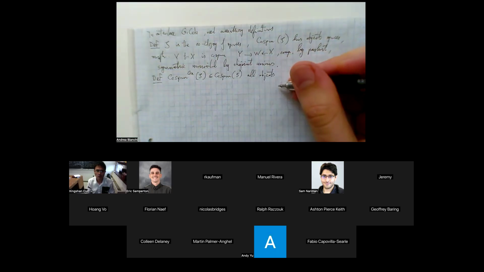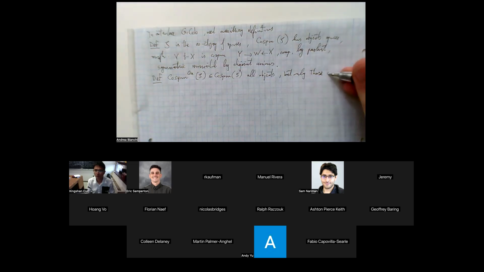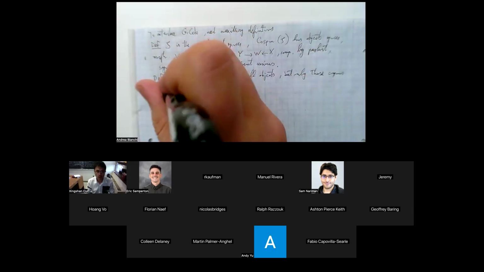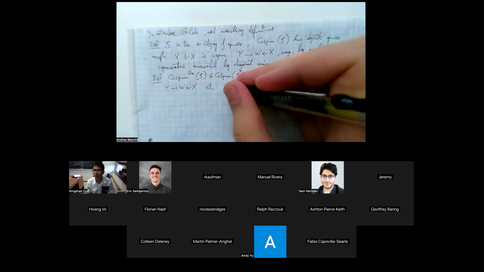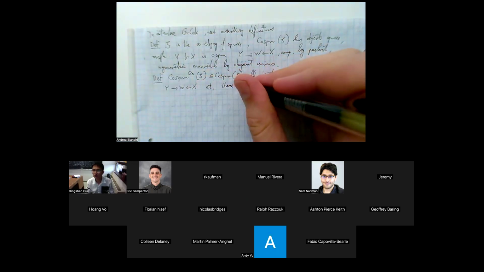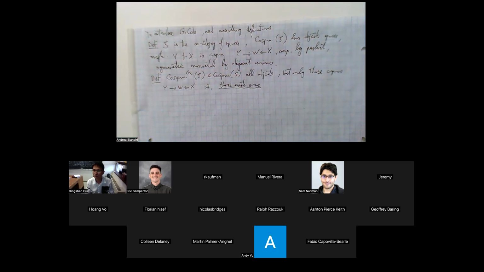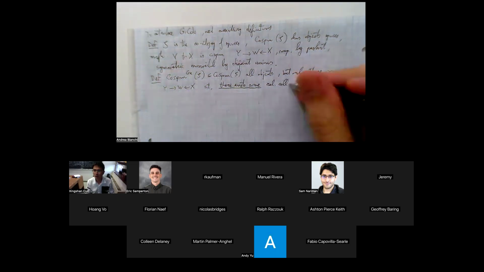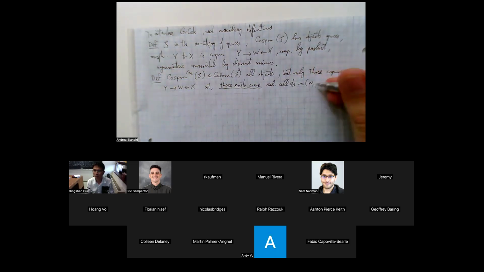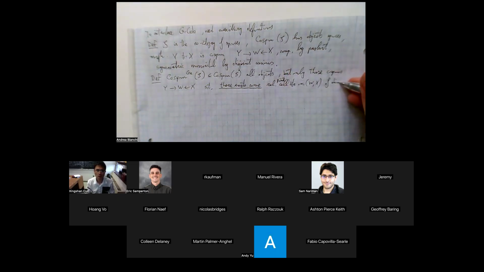So it's going to be a wide subcategory, but only those cospans Y → W ← X, such that there exists, let me underline this, it's going to be a property, not a structure, there exists some relative cell structure on W ← X, finite relative cell structure of dimension at most 1.